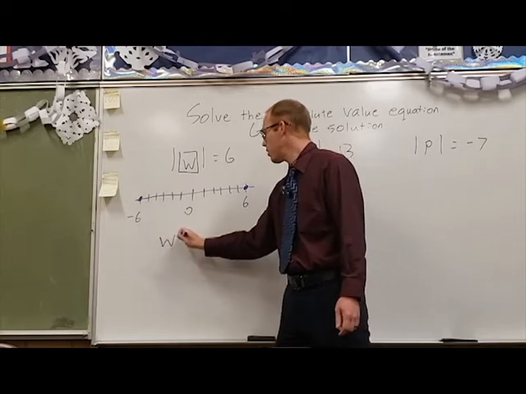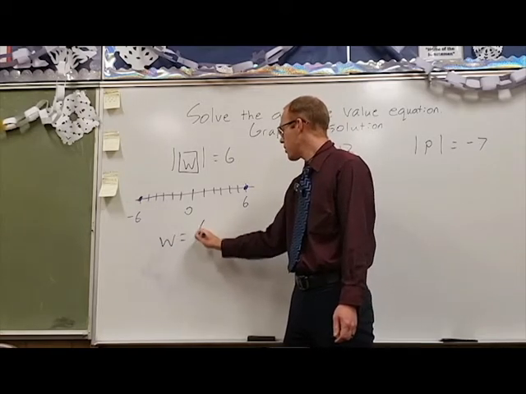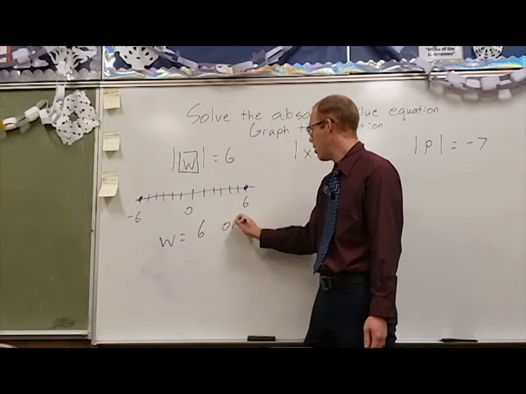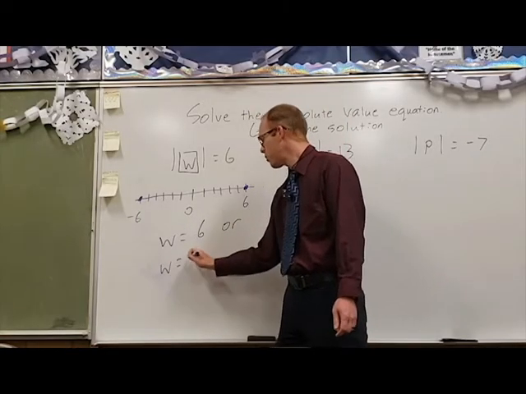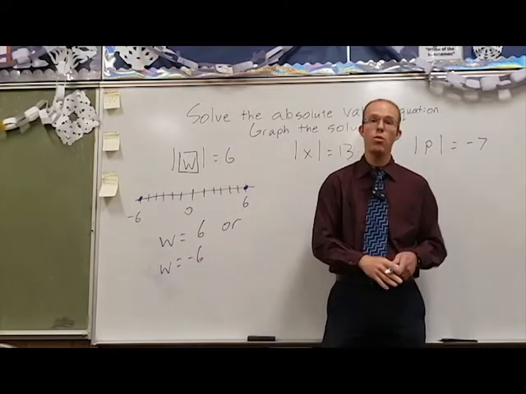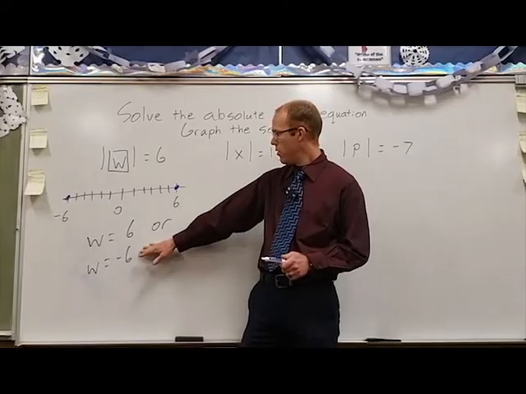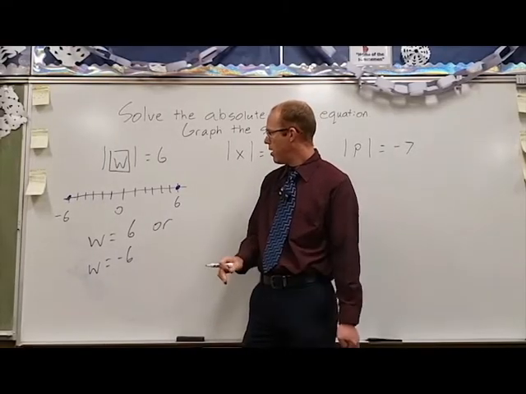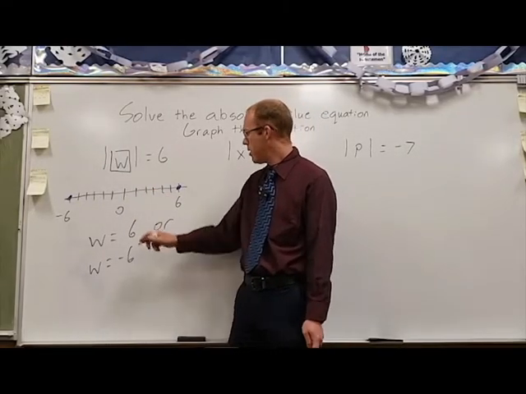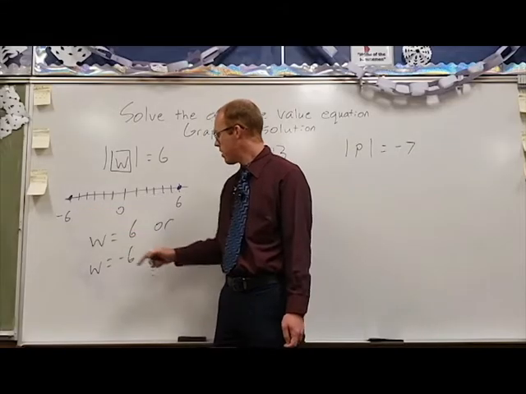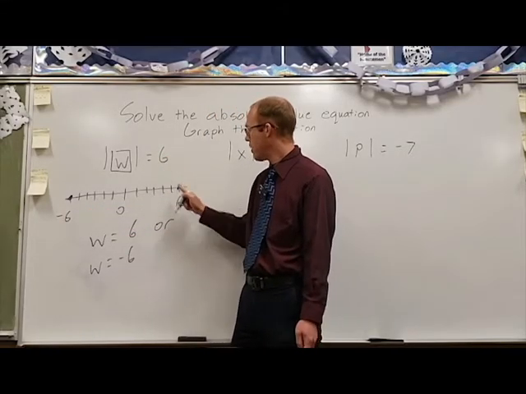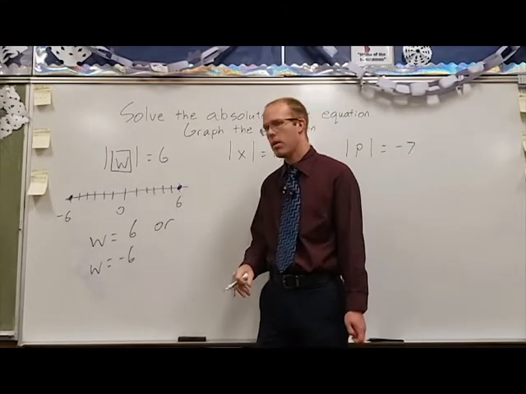So W could be equal to positive 6, or W could be equal to negative 6. Those are 2 options for our solutions right here. And we can see that when we plug them in, the absolute value of negative 6 is positive 6, and the absolute value of positive 6 will also be positive 6.